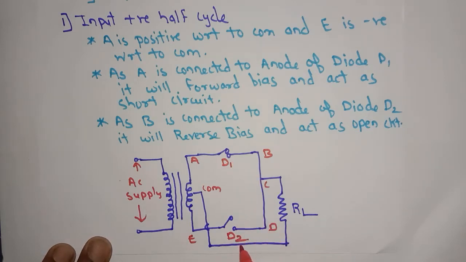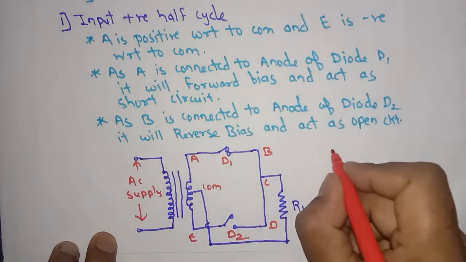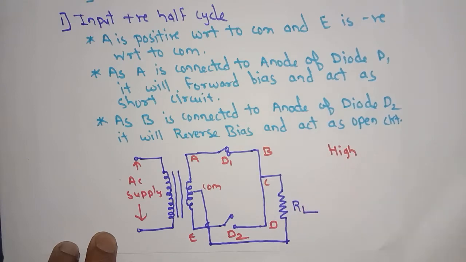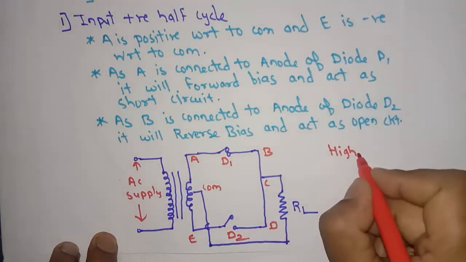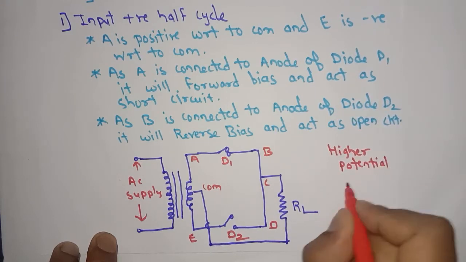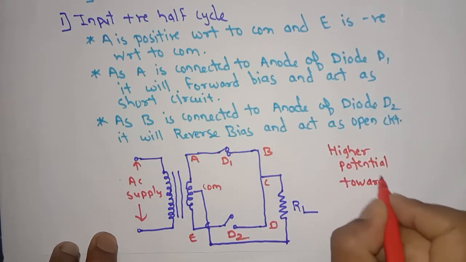Now we know that current always flows from higher potential towards lower potential.